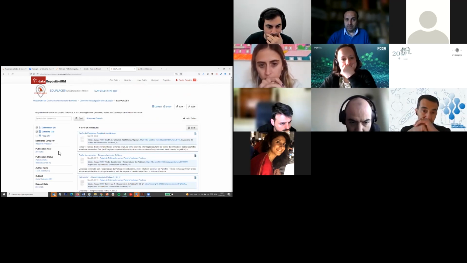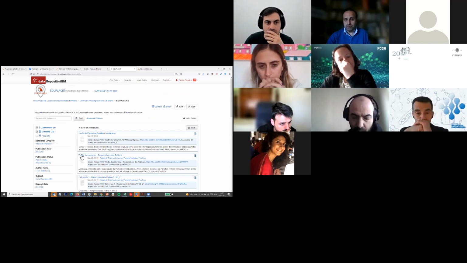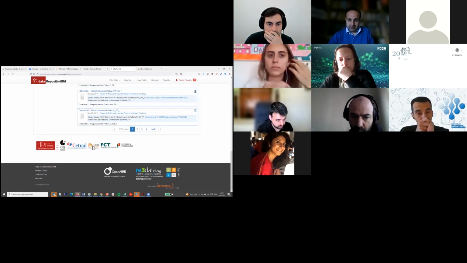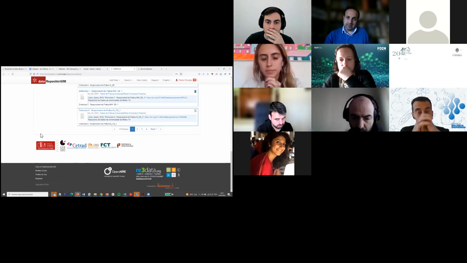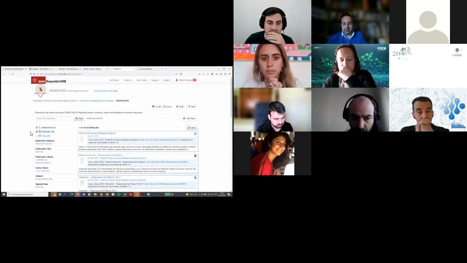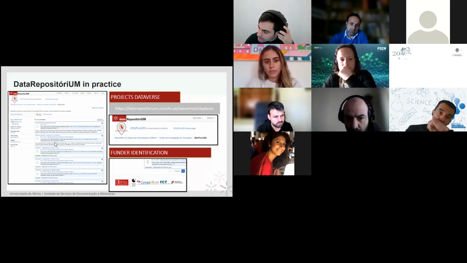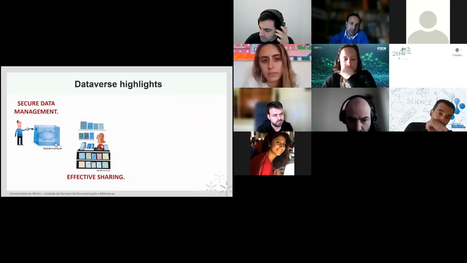So with all the data from their project, they can put the banner with the FCT logos, following the requirements, and this is an interesting solution to have project outputs and funder identification.